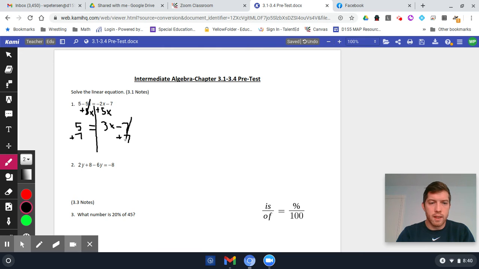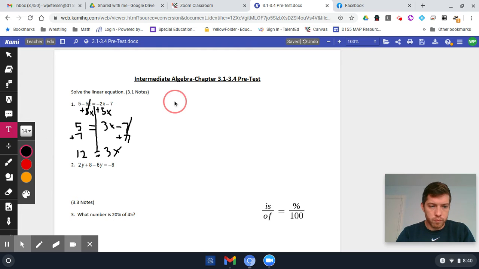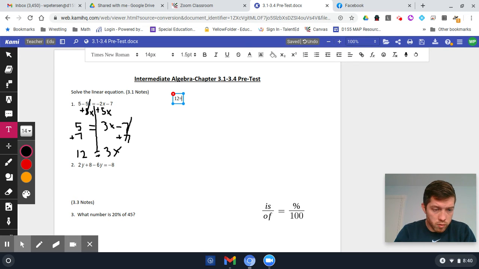We are just moving things away so we can get our variable, our letter by itself. We got 7, 8, 9, 10, 11, 12. So you got 12 equals 3x. All right. At this point, we are left with our final part, which is to divide both sides by 3. I'm going to go ahead and rewrite this problem up here. 12 equals 3x.